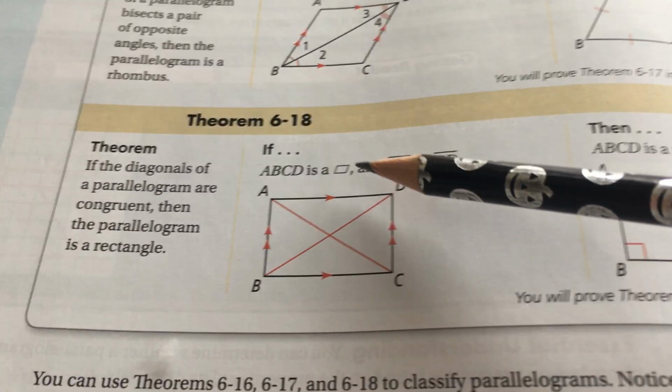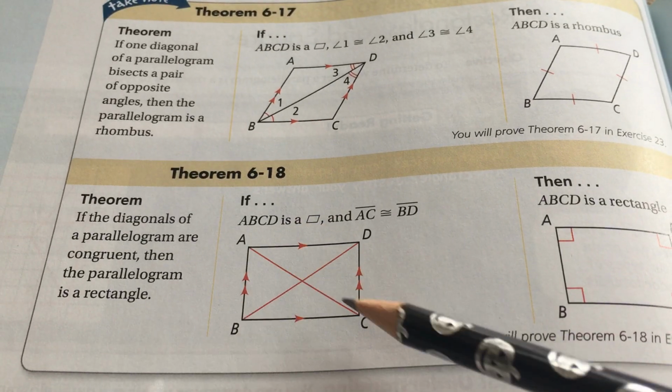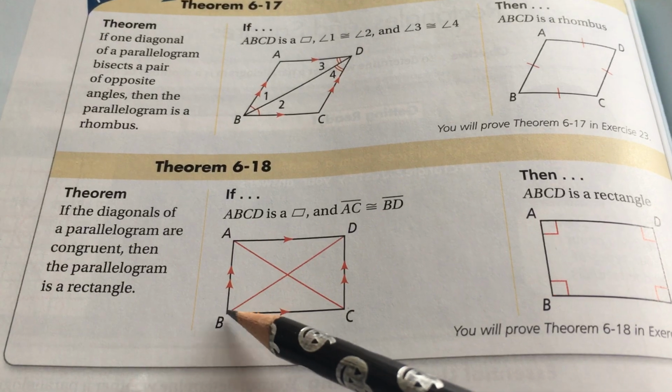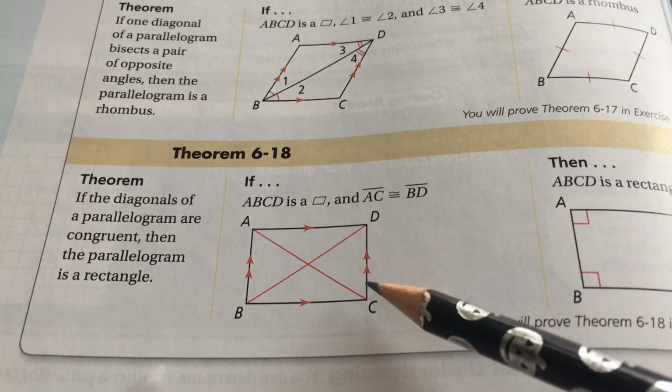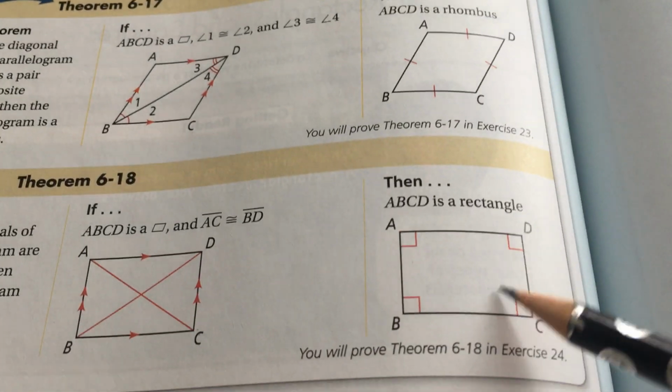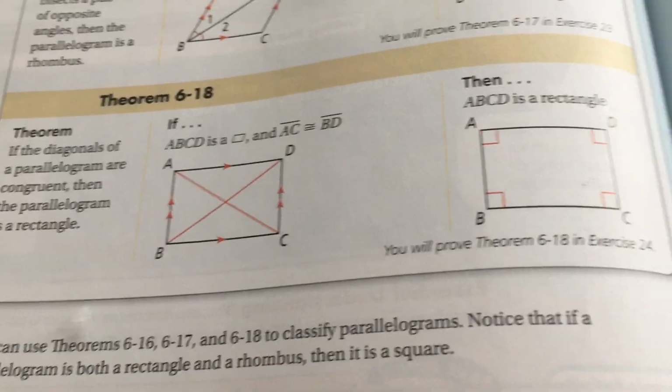So they're telling us we have a parallelogram, and they're saying that AC is going to be the same length as BD. If those two diagonals in a parallelogram are congruent, then you know you have a rectangle.